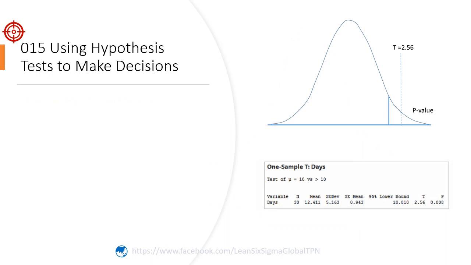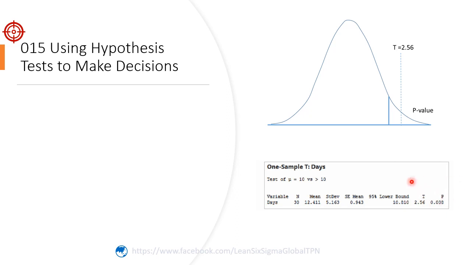Let's return to the one-sided test. Recall the output from the one-sample t-test. We need to consider the location of the test statistic in relation to alpha. Each test statistic has an associated p-value.